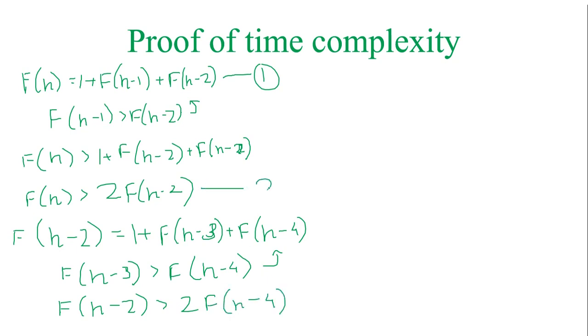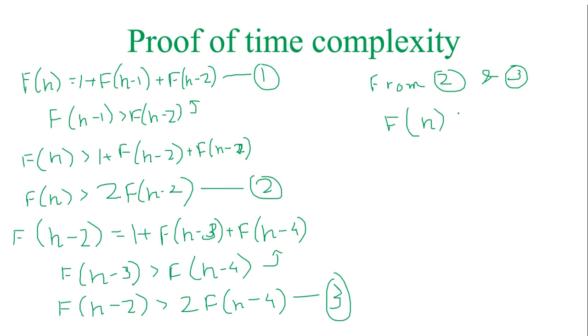Now let's name this equation as equation 2 and this as equation 3. So from 2 and 3, we can say that f of h is greater than 4 times f of h minus 4.